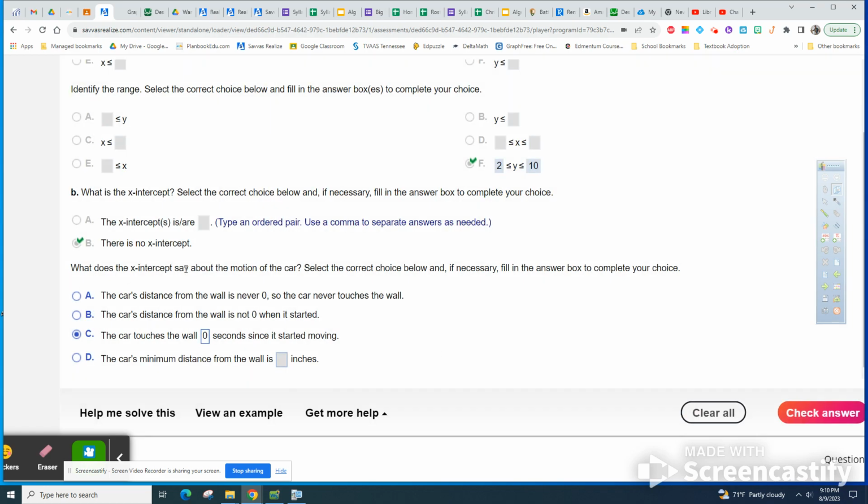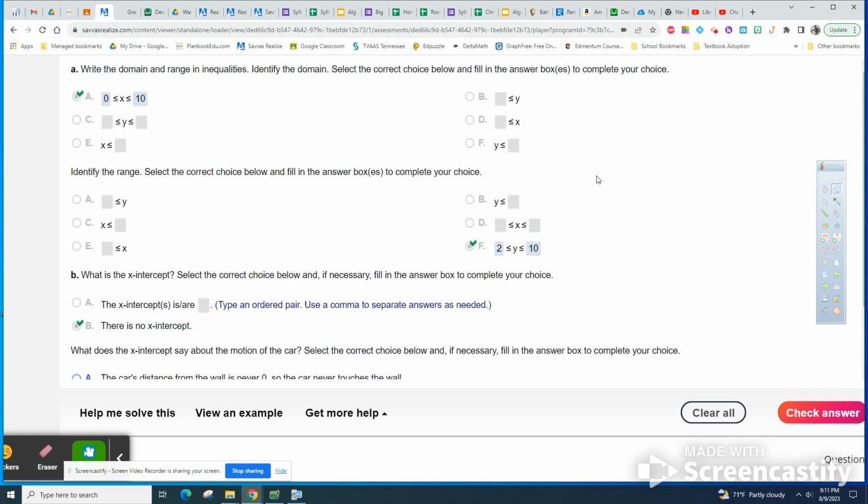What does the x-intercept say about the motion car? Well, obviously I don't understand the question.